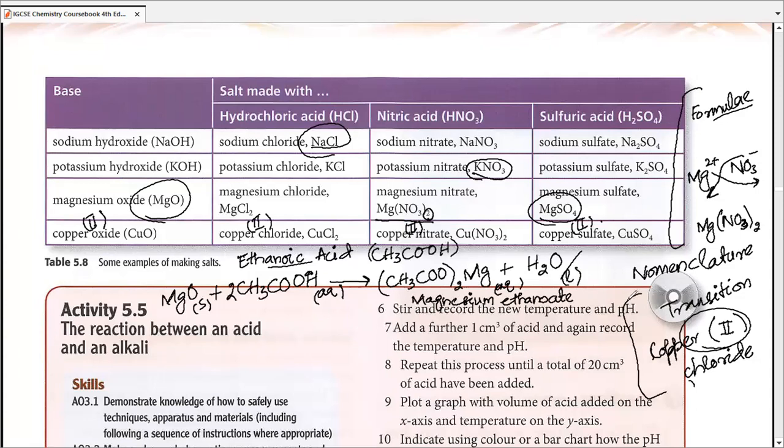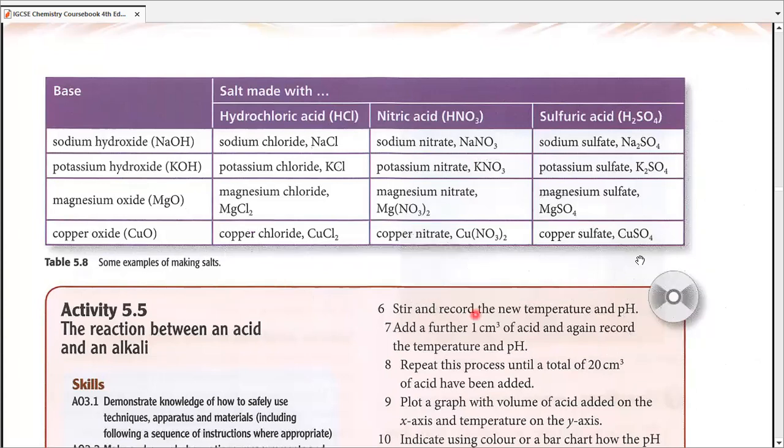If the reaction between an acid and an alkali produces salt and water, remember both products are neutral. That's why most of the time this reaction is known as a neutralization reaction. I hope that clarifies it. So let's move on to the next topic then.